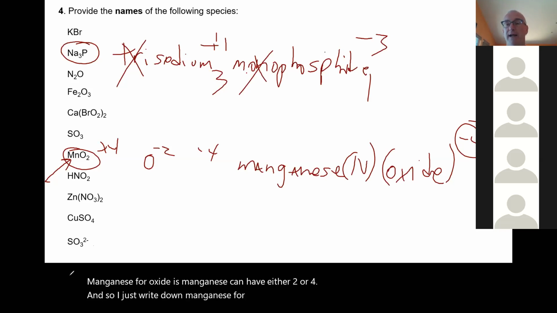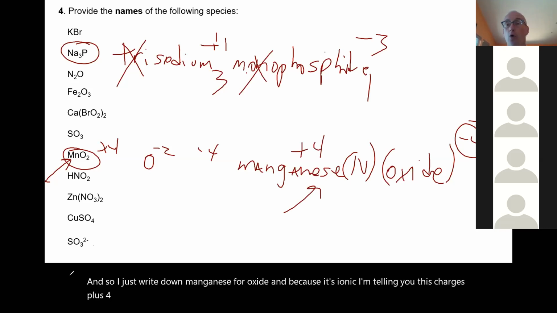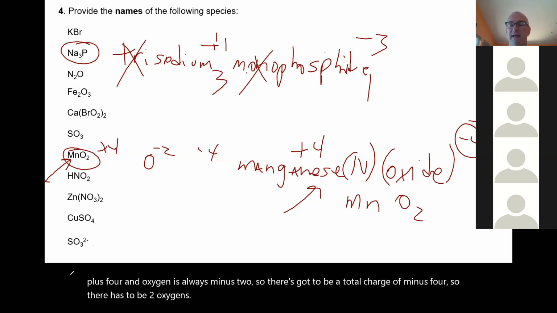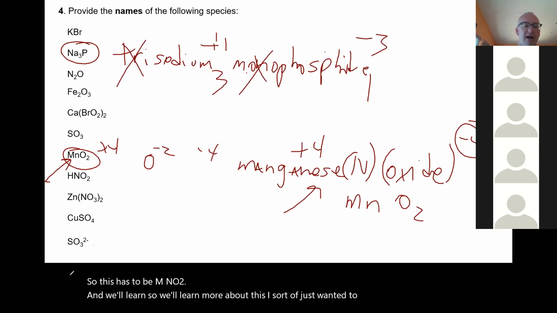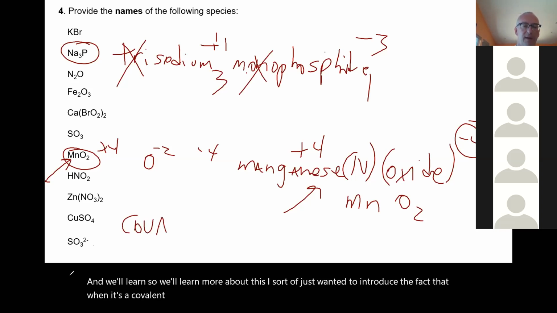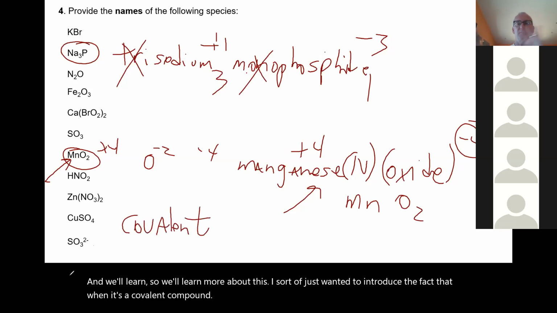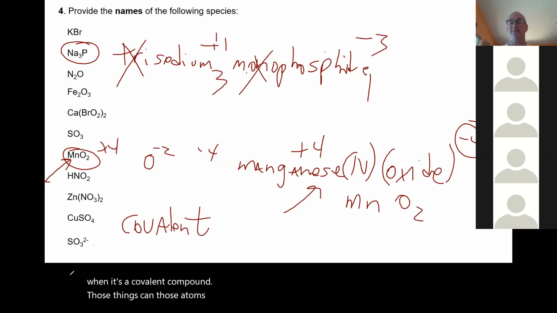And because it's ionic, I'm telling you this charge is +4, and oxygen is always -2. So there's got to be a total charge of -4. So there has to be 2 oxygens. So this has to be MnO2. And we'll learn more about this. I sort of just want to introduce the fact that when it's a covalent compound, those atoms can go together in a lot of different ways.